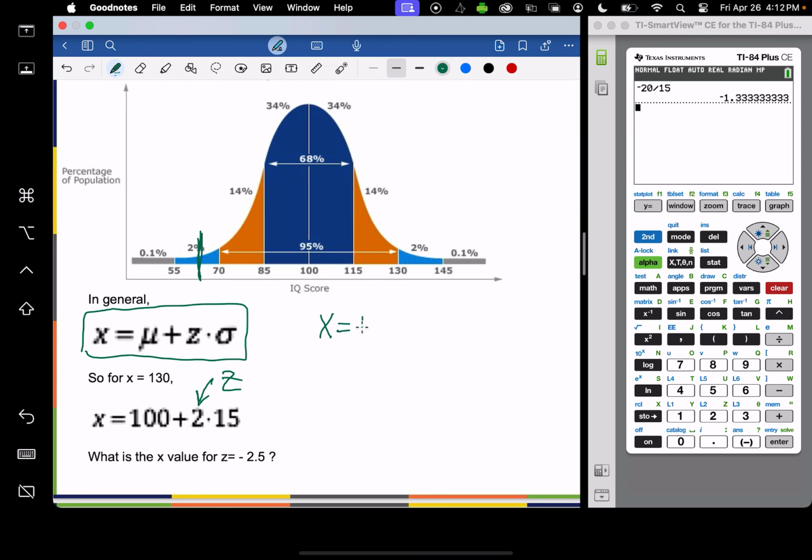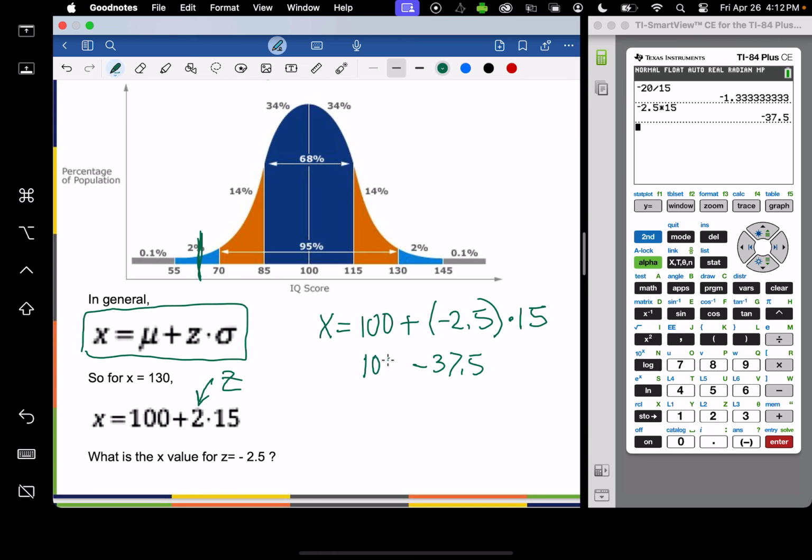So x is equal to 100 plus -2.5 times 15. So what is -2.5 times 15? That's -37.5.